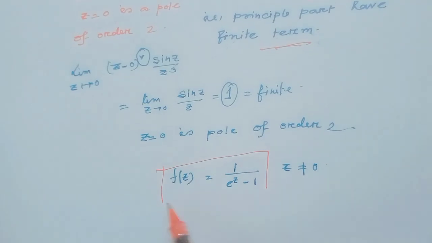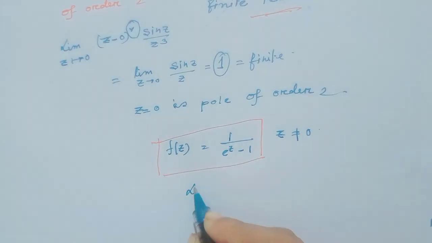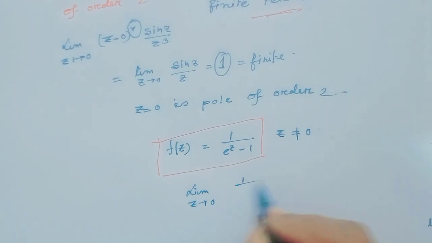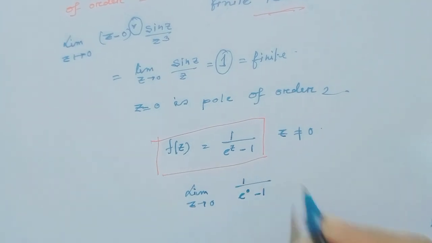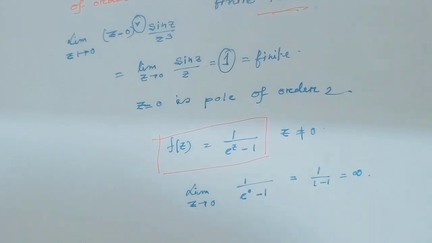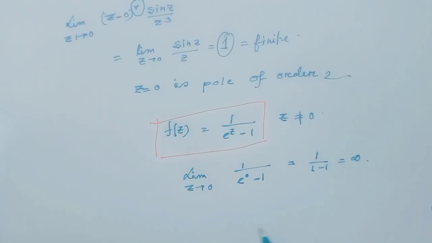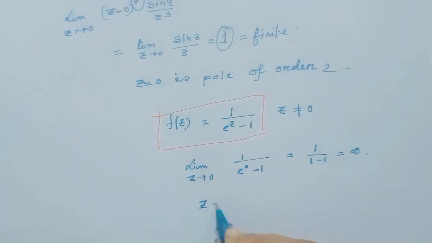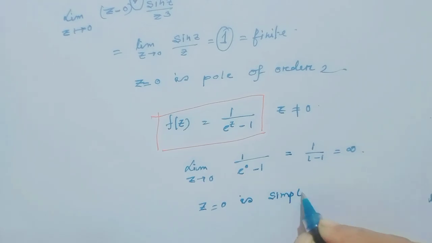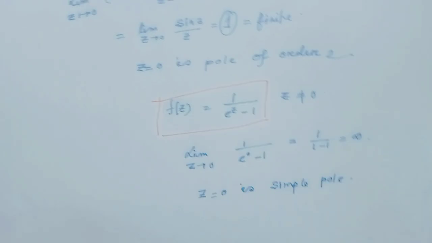f(z) = 1 over (e^z minus 1). Notice the limit as z tends to 0 of 1 over e^0 minus 1, this value is 1 minus 1, so the value is infinity. So z equals 0 is a simple pole of this function, since the limit does not exist finitely.